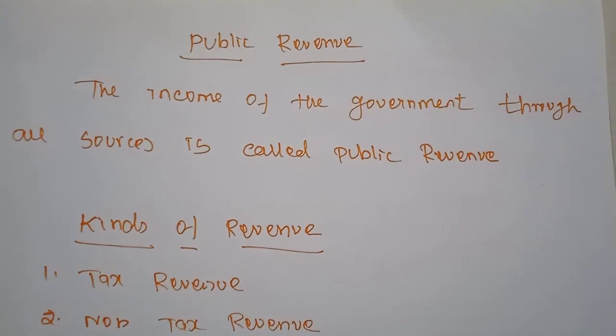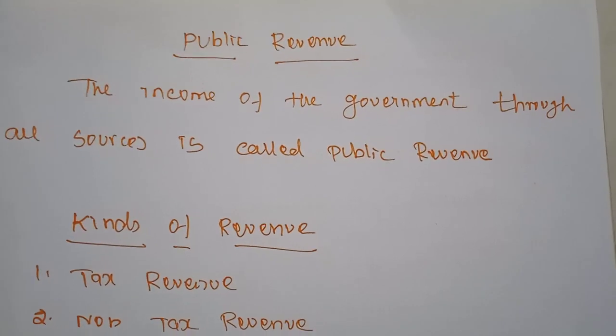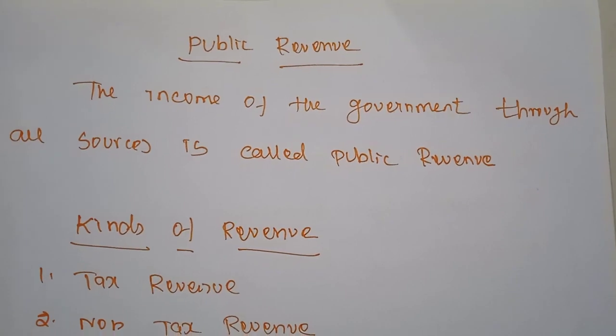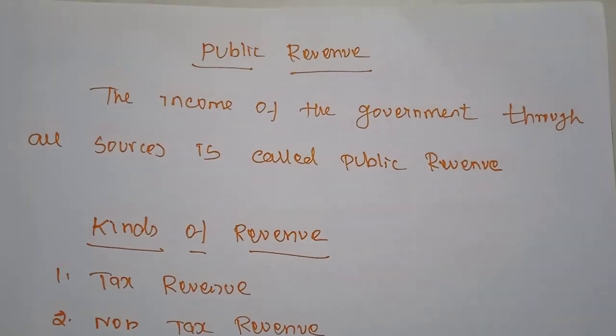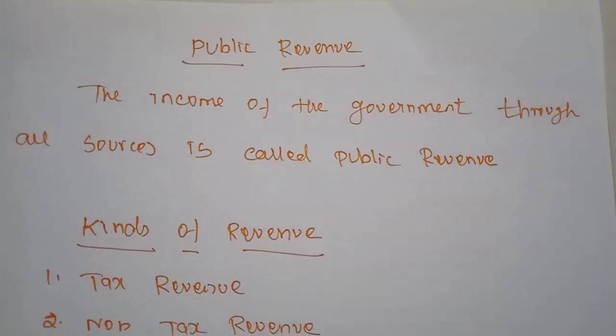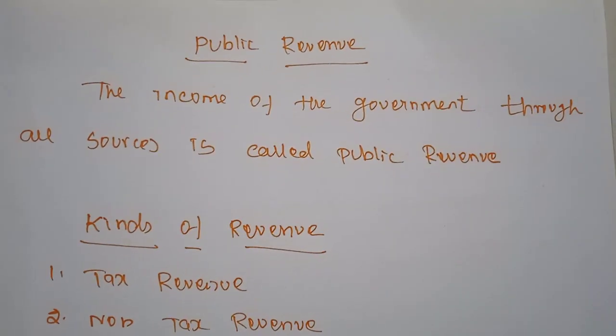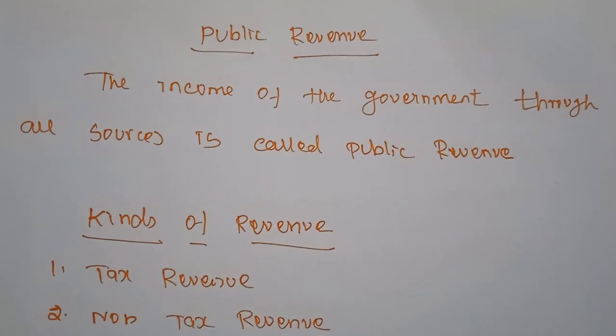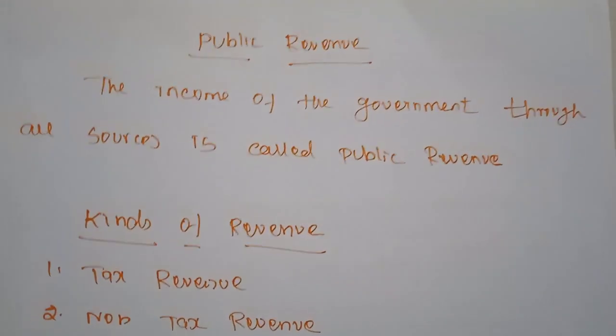So the government also has to make more effort to increase its revenue. If the government has the possibilities and powers to earn income from any source, it can make the expenditures. So we will study public revenue.